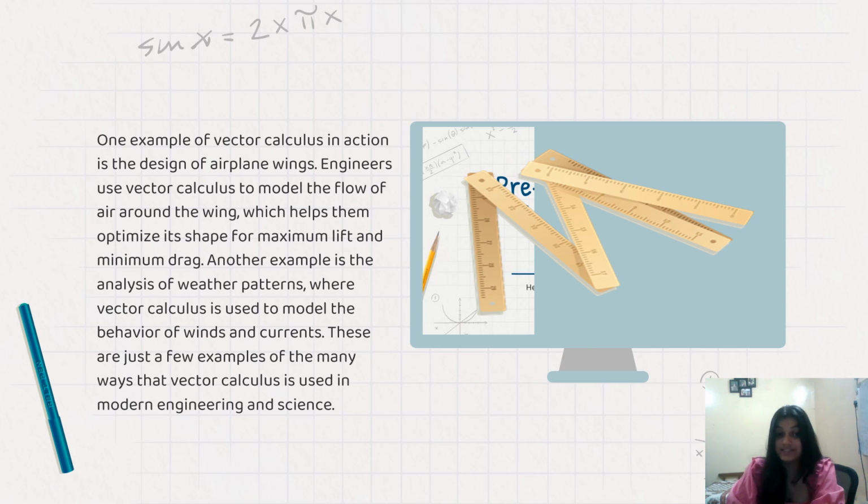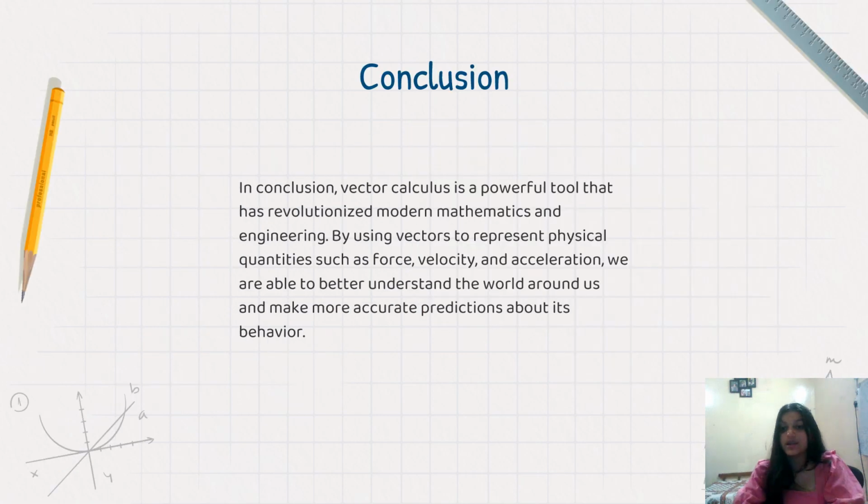These are just a few examples where vector calculus is used in modern engineering. In conclusion, vector calculus is a powerful tool that has revolutionized modern mathematics and engineering. By using vectors to represent physical quantities such as force, velocity, and acceleration, we are able to better understand the world around us and make more accurate predictions about its behavior.